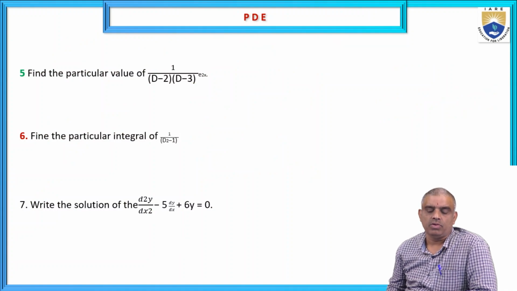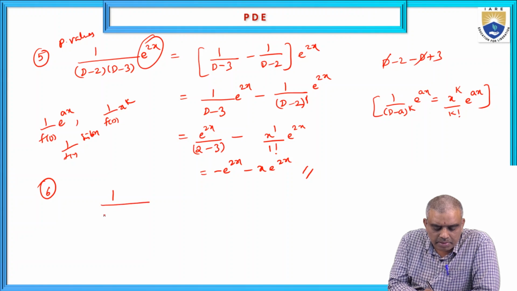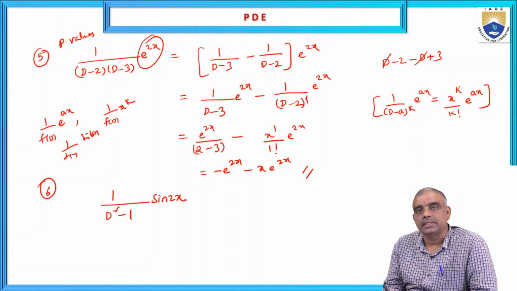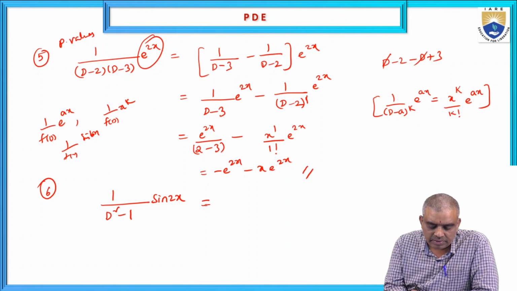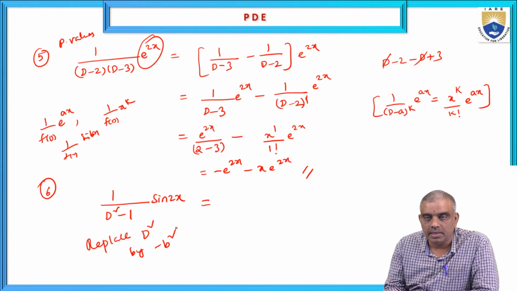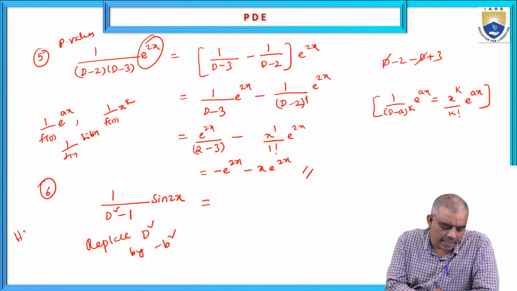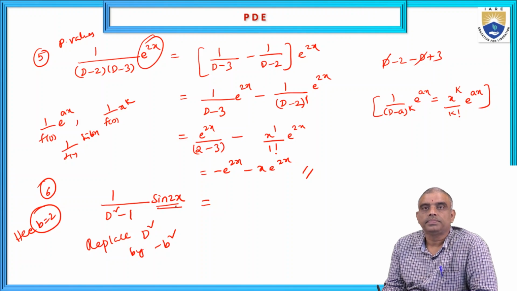Find the particular value of 1 by D square minus 1 of sin 2x. So 1 by D square minus 1 of sin 2x, it is 1 by function of D of sin bx. Just to find this, we have to replace D square by minus b square. Here b is equal to 2, because of the sin bx notation.